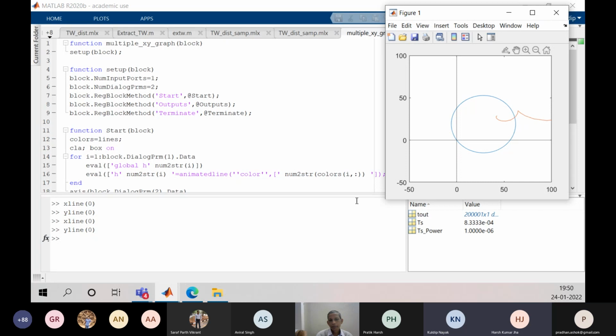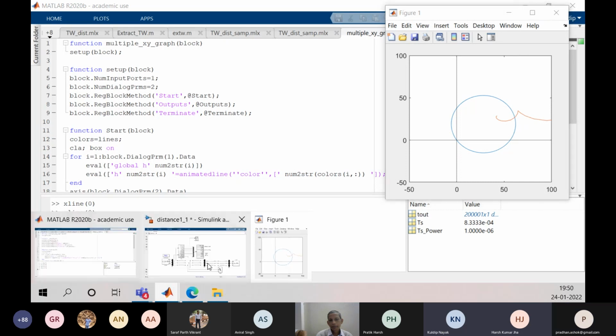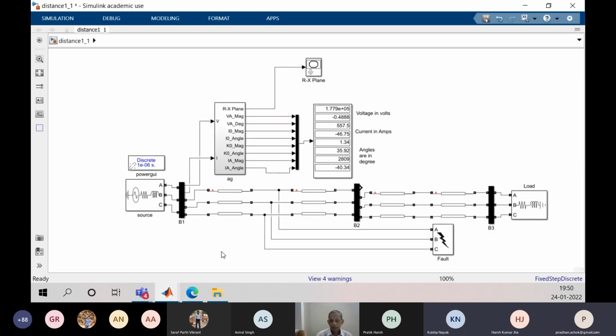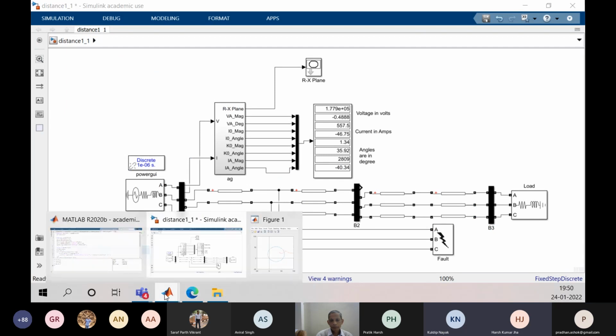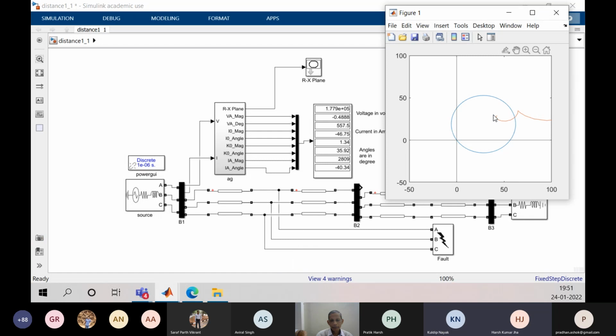After creating a fault here at 60 kilometer distance, the impedance came and settled within this zone. That means the calculated impedance at the relay is inside the zone boundary. So a trip decision will be taken if the impedance is within this zone.